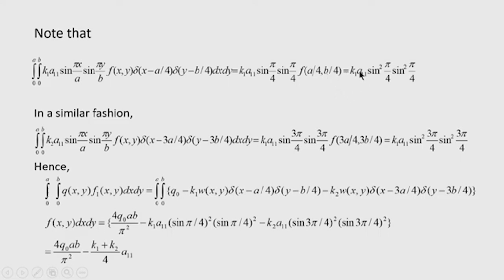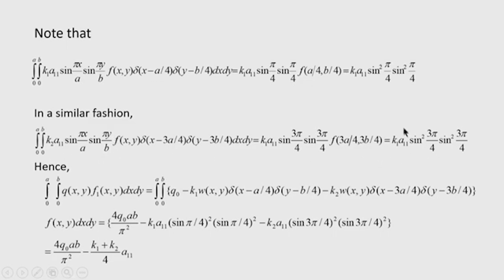Okay. So, we get this in a similar fashion for the two springs k 1 and k 2. First, we have evaluated for k 1, then in the second case the evaluation is done for the second spring force k 2.